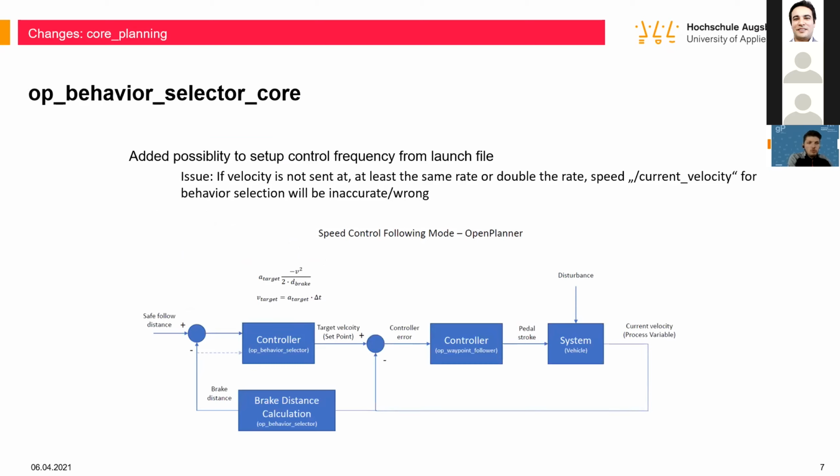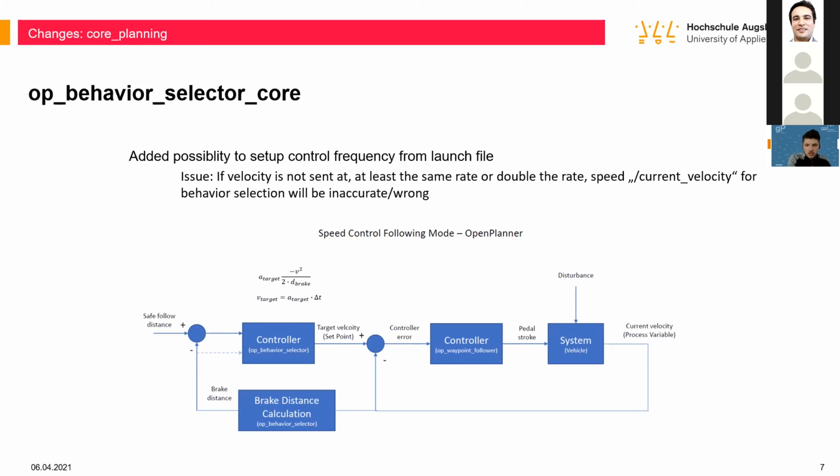For the OP behavior selector core, one thing we found out was that the rate of the behavior selector was fixed to 50 Hertz. This causes a problem if you're running your velocity at a lower rate than 50 or 100 Hertz, because then the behavior selector calculation won't be correct anymore.